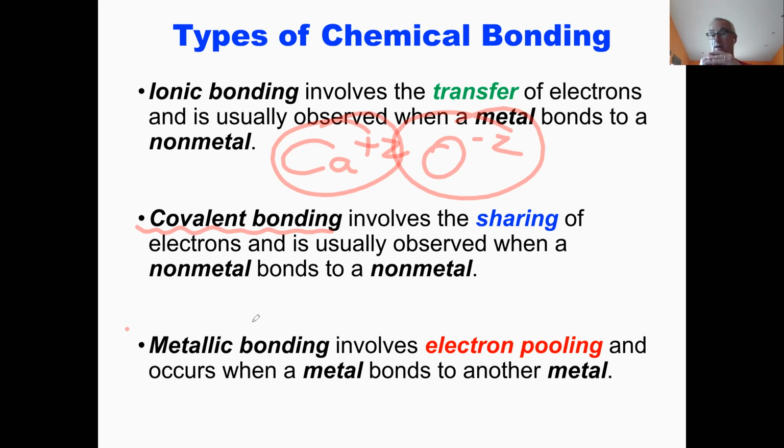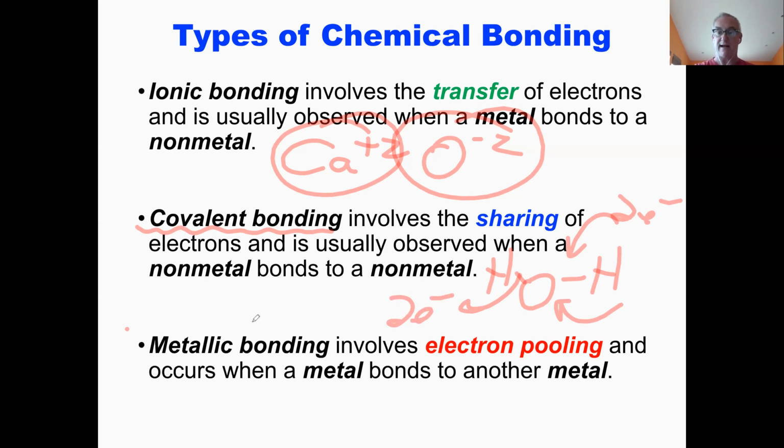They share electrons, so you don't see charges appearing. That would be something like water, where each one of those lines is a pair of electrons being shared. There's 2 electrons being shared between this hydrogen and that oxygen, and another pair being shared between that hydrogen and the oxygen.